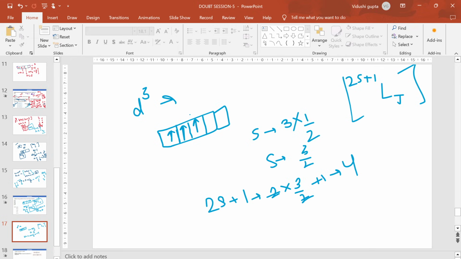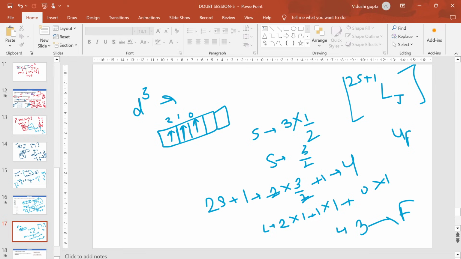Now what about L? 2, 1, 0. So L will be 2 into 1 plus 1 into 1 plus 0 into 1. Rest of it will be 0. So it will be 3, and 3 corresponds to F. So it is 4F. But what about J?